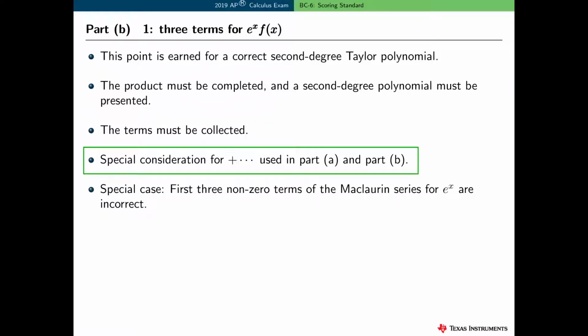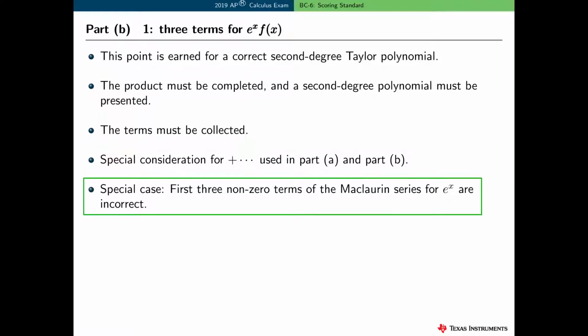Now, we did have a special consideration for students who used 3 dots in both Part A and Part B, and we made sure that these students were not penalized twice here. And there was also a special case, and without going into the scoring details, this involved a student who made an error in the first 3 terms of the Maclaurin series for e to the x.